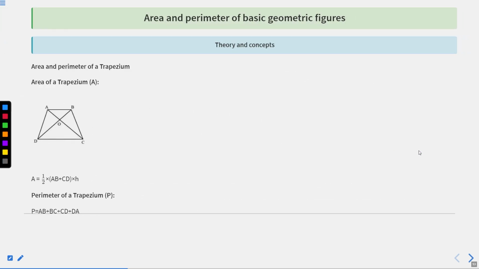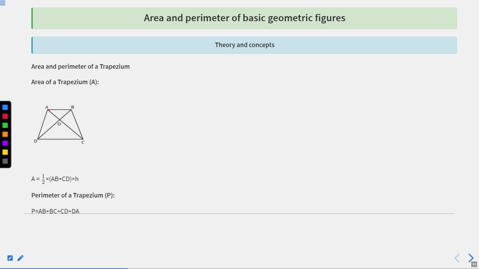So let us now talk about the area of a trapezium. Let this be a trapezium, ABCD be its vertices, and O be the point of intersection of the diagonals. The area of this trapezium is given by half into AB plus CD times h.